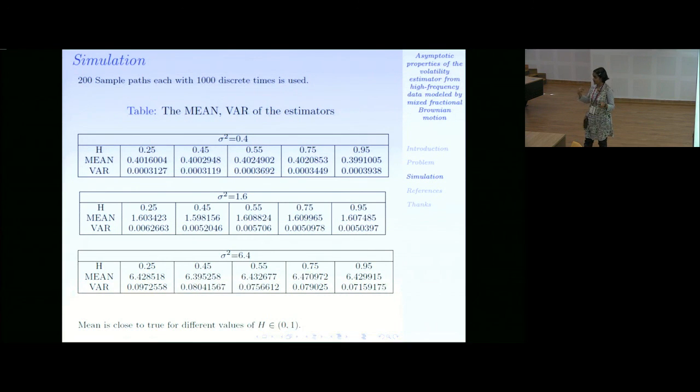Even the properties of the variance of this variance estimator would be better, but till now we do not have this result. We only have the mean estimator and its corresponding results, and these results are fine. So at least up to this mark, theory and practice match, and this mean is close for all the values of H.